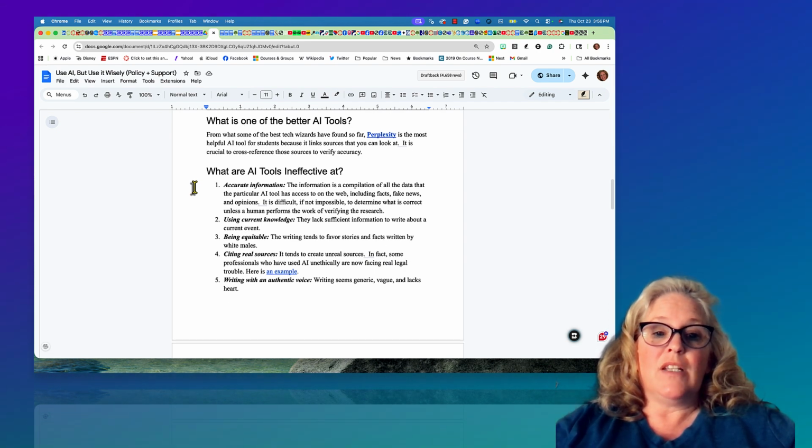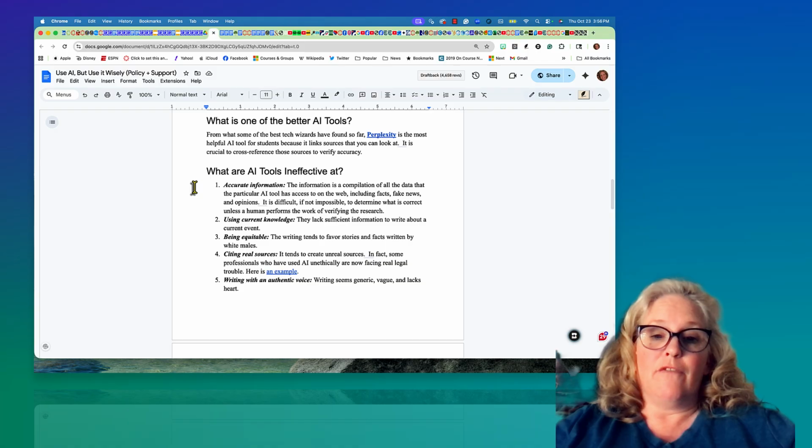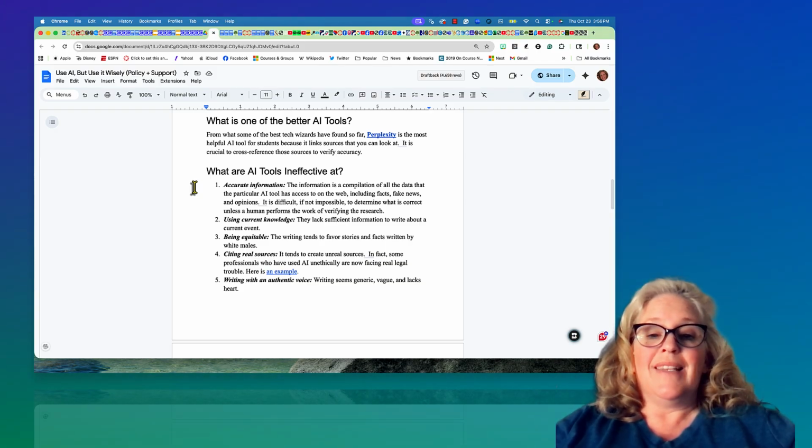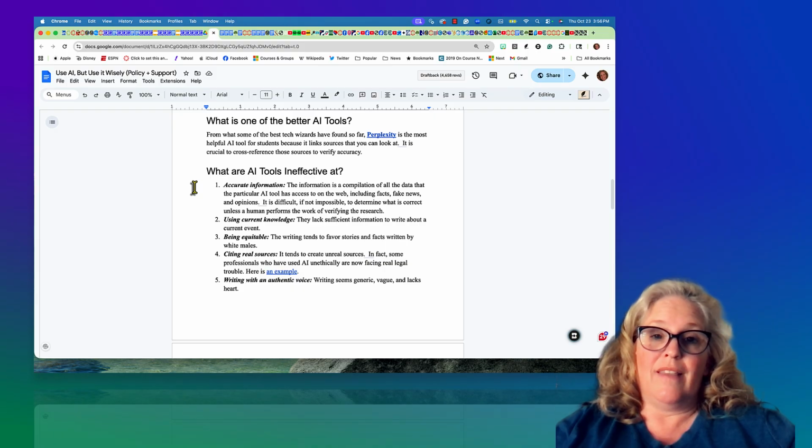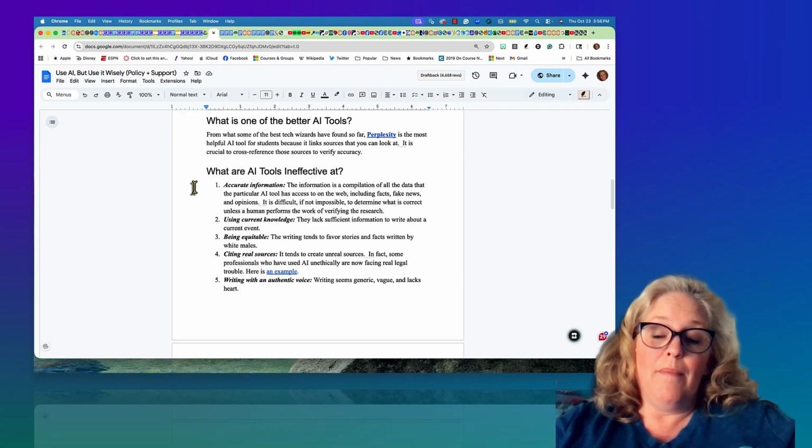Now let's take a moment to talk about what AI tools are ineffective at. They're ineffective at giving you accurate information all the time, because the information is a compilation of all the data particular to that AI tool, what it has access to on the web, including facts.